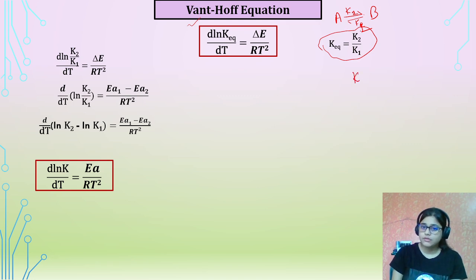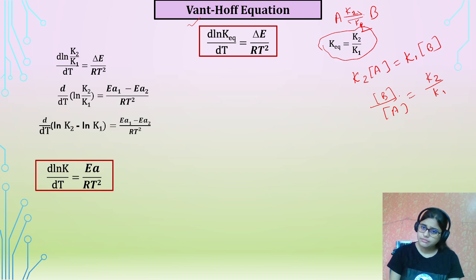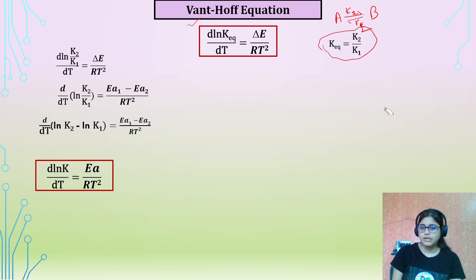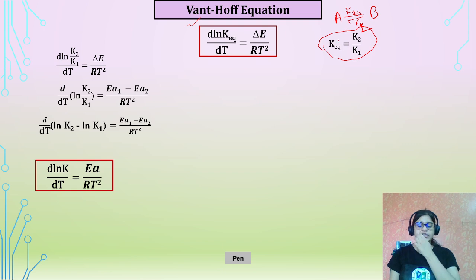K2 into A will be equal to K1 into B, right? So now B by A will be K2 by K1, right? So the forward rate constant by backward. I was a bit confused about it. So by solving this, when you have a confusion, just solve it and you can see whether you are right or wrong. Okay, so this is fine.